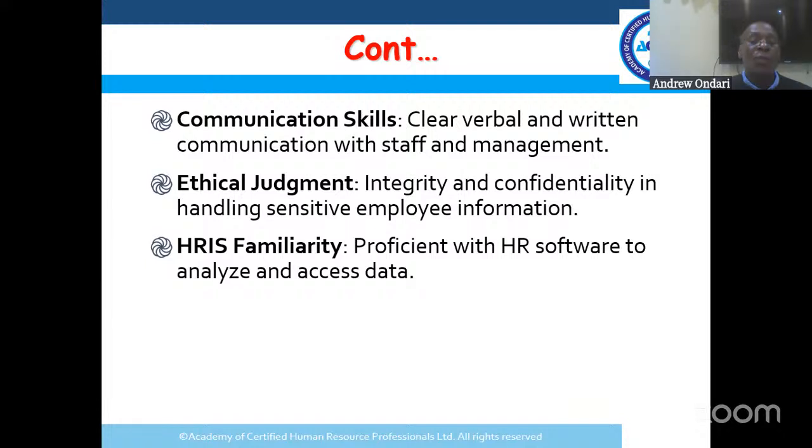The other requirement is ethical judgment. Today we are talking about matters of honesty, integrity, and confidentiality. Some of the audits that we conduct touch on confidential information related to employees and the organization. So one of the ethical requirements is the ability of the HR auditors to maintain confidentiality. For example, matters to do with the health and safety of employees.